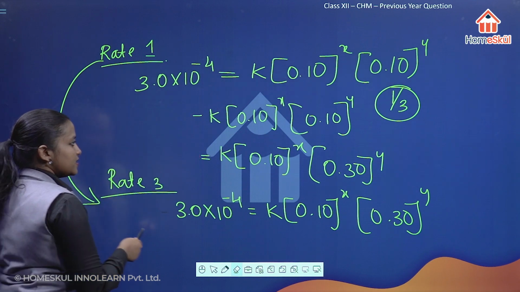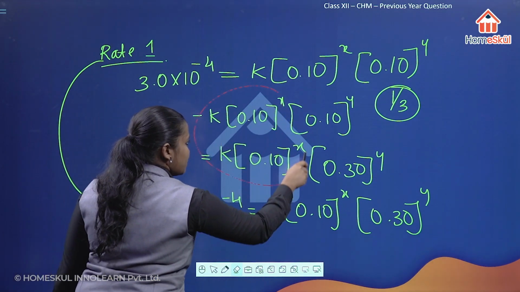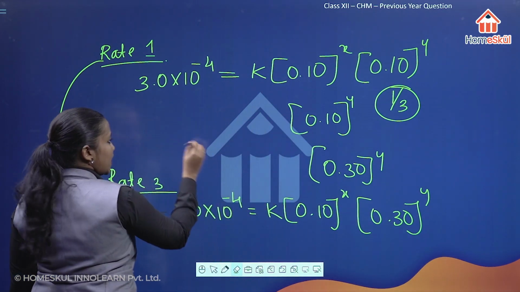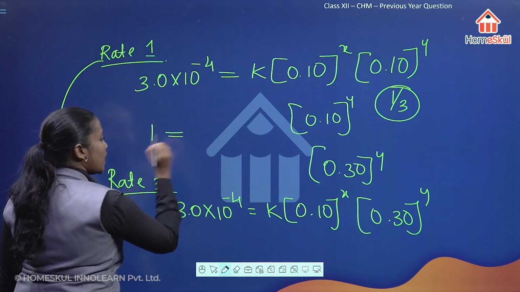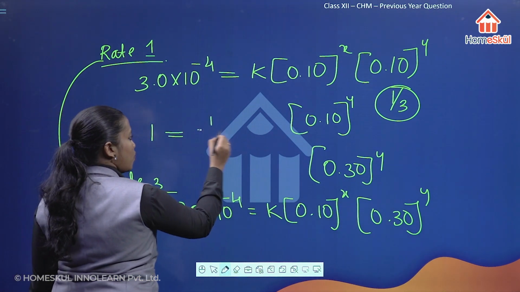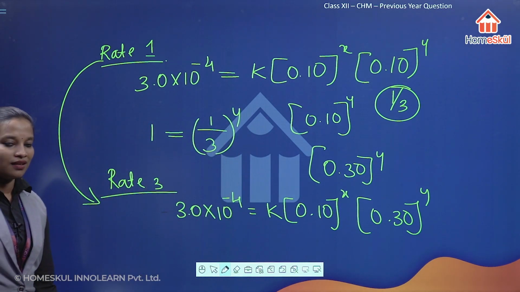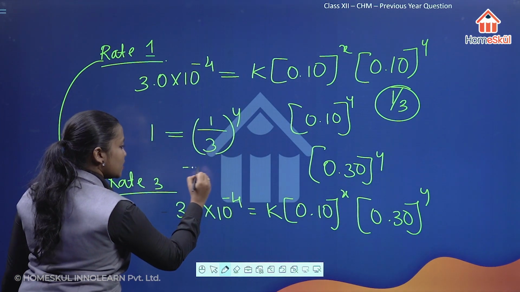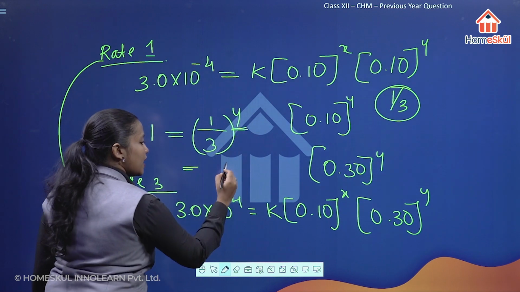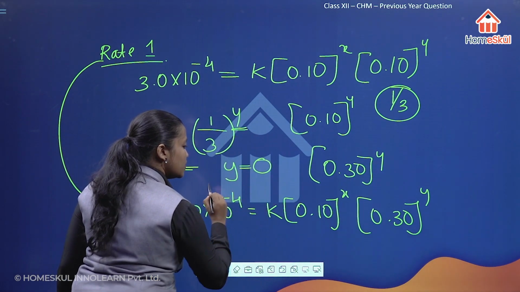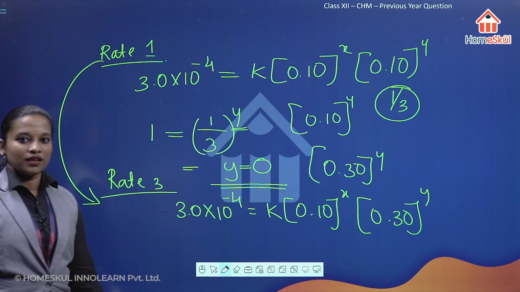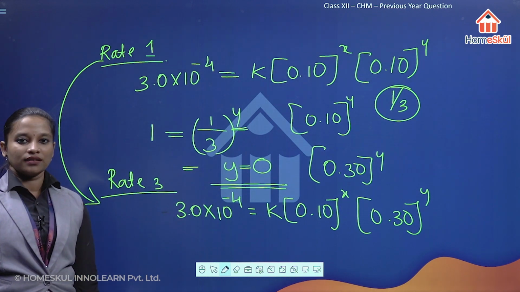This can be cancelled and this term can be cancelled. So finally, we will get 1 is equal to 1 by 3 raised to y. From this expression, we can calculate the value of y as y is equal to 0. So, we got the value of y here.